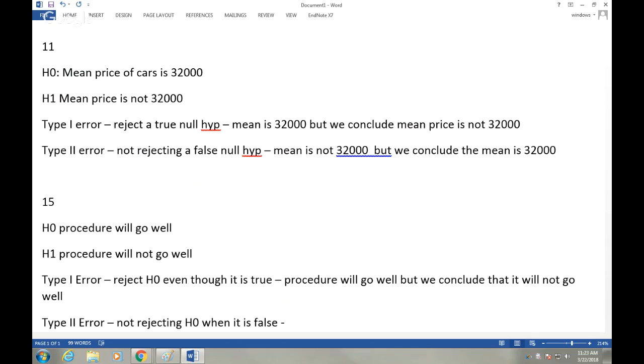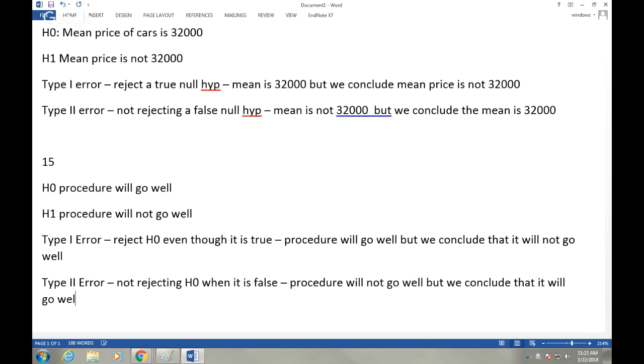If H naught is false, what is the reality? Procedure does not go well. Procedure will not go well. But we conclude that what? It will go well. Okay?